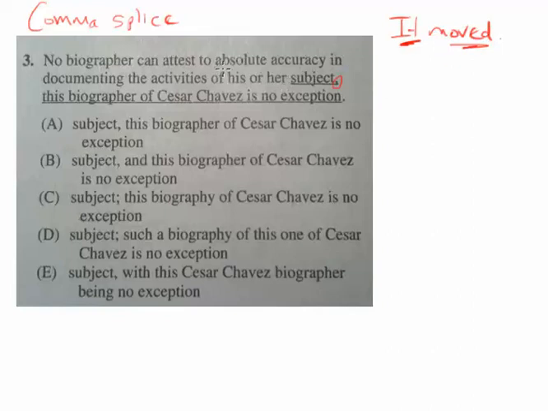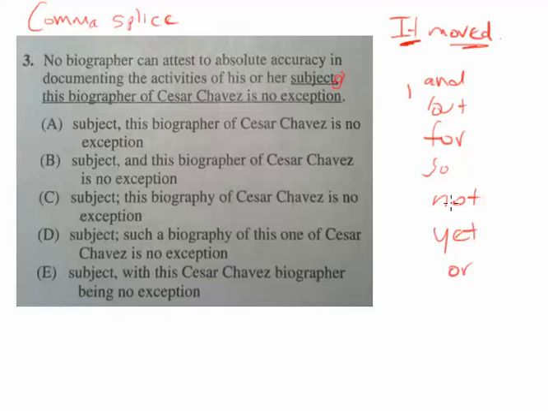The problem with choice A is that two complete sentences separated by a comma is wrong. There are a couple of ways we can get rid of a comma splice. We can use a comma and a conjunction, like comma and, or any other coordinating conjunction: and, but, for, so, nor, yet, and or.